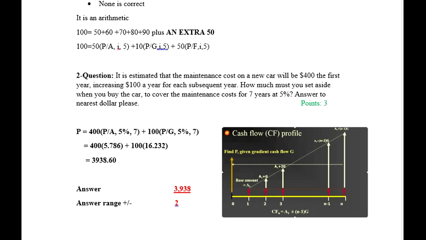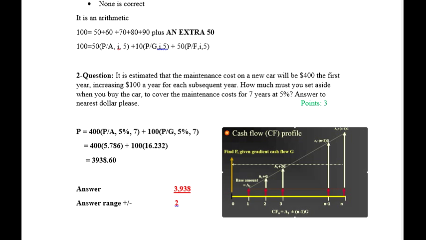Question 2. It is estimated that the maintenance cost on a new car will be $400 for the first year, increasing $100 a year for each subsequent year. How much must you set aside when you buy the car to cover the maintenance cost for 7 years at 5%?